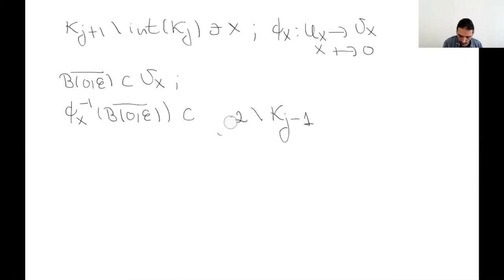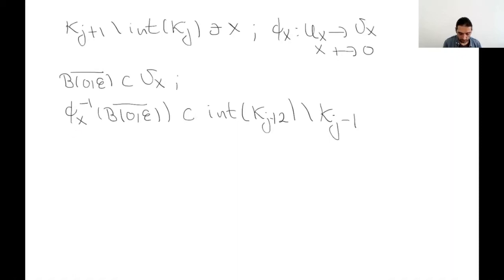In order to keep consistency with the notations, let's consider it like this. This is possible because this set over here is open and it contains the point x.